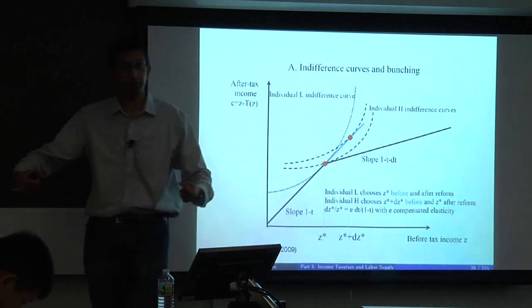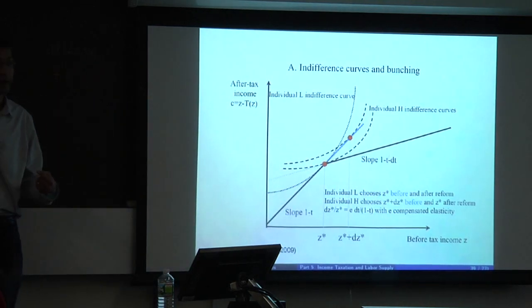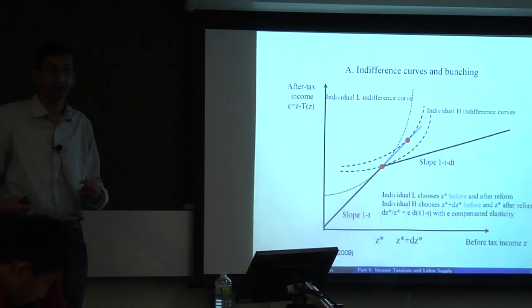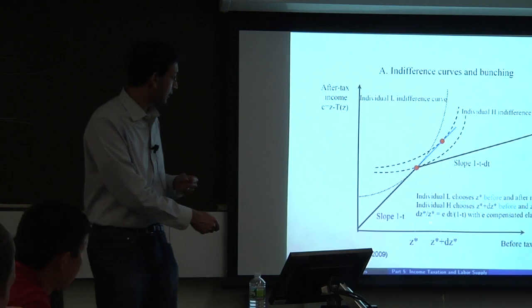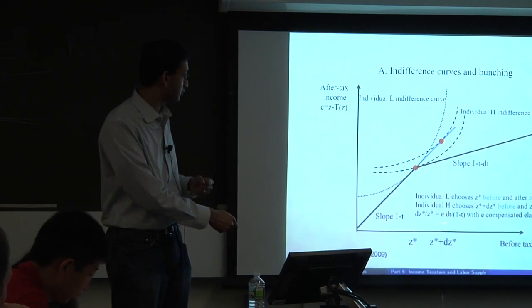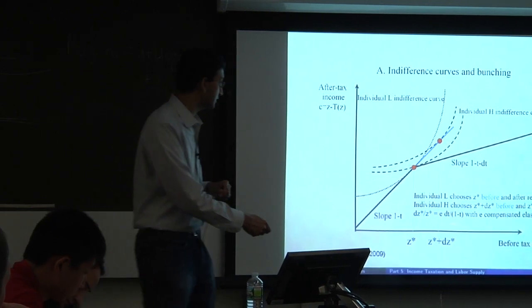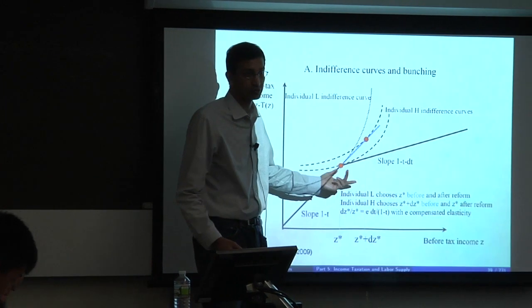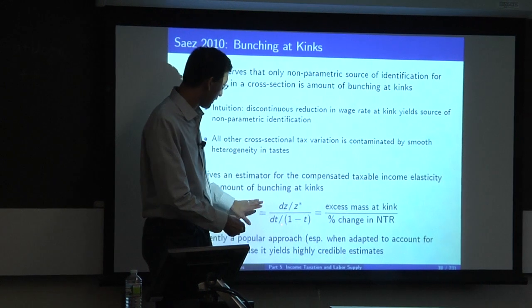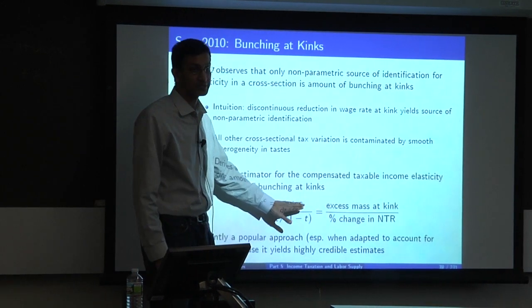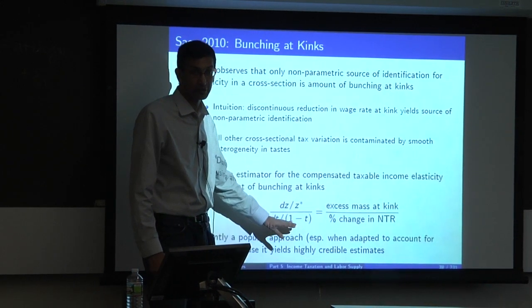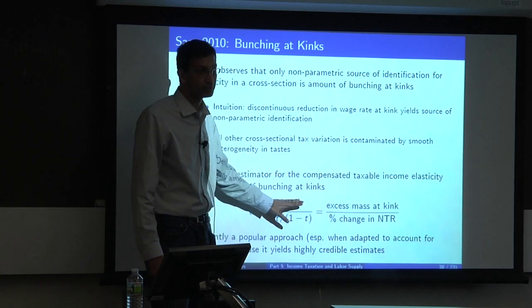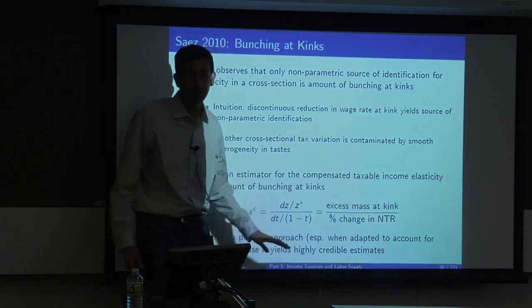It's going to be directly proportional. The interval of people that I move to the kink is directly proportional to the size of the elasticity and the size of the treatment. And so that's why you get this relationship that dz over z equals the elasticity times dt over 1 minus t, or in other words, this is just rearranging what I showed you on the previous formula. The elasticity can be written as dz over z divided by the size of the treatment. That is the excess mass divided by the size of the tax change.